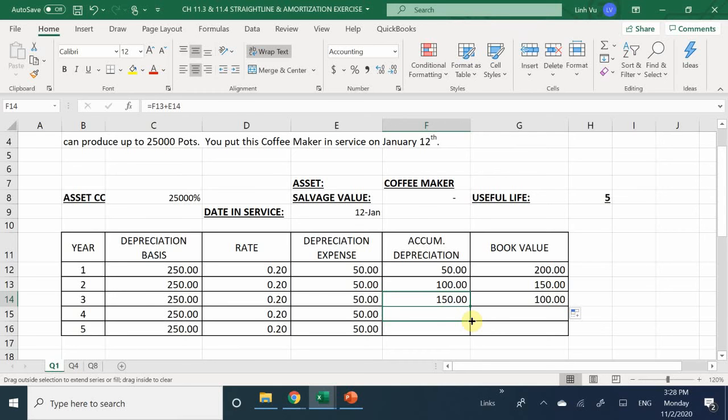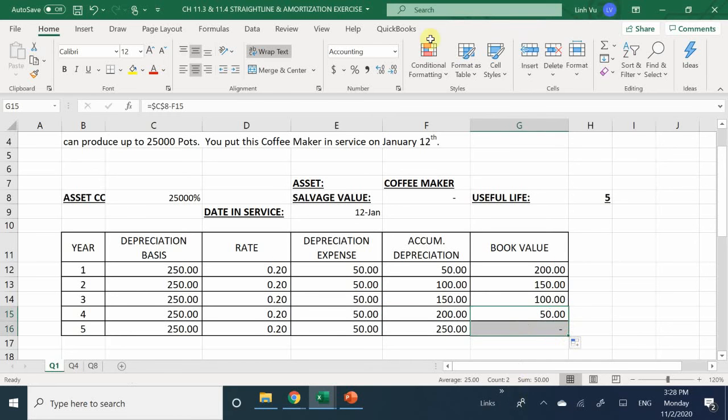So it's 200, making my book value 50. Good. Then lastly, for my last year, what is my total accumulated depreciation? $250, making my book value equal to 0.